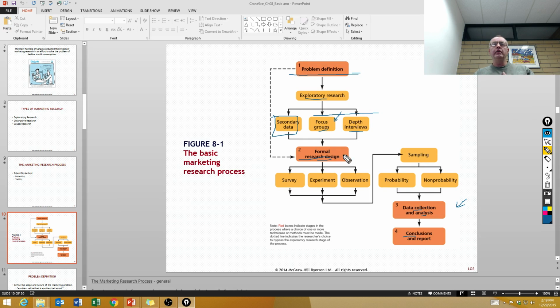And then when we design our formal approach to the research, we'll be looking for some primary data, and three techniques we can use are surveys, experiments, or observations, and we'll have a sampling plan that we use when we go out and actually collect the data. Okay, so the rest of the chapter really just walks through these four steps. So that's what we're going to do.